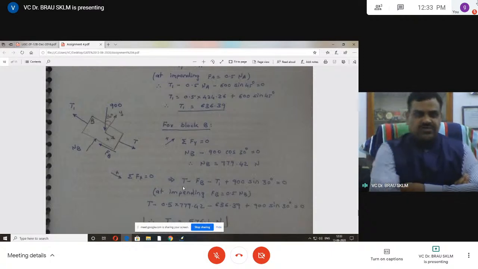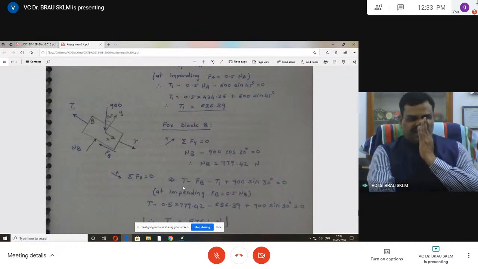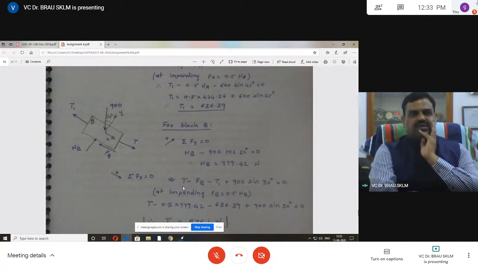These are the topics left from the GATE syllabus point of view, so we will discuss them in the next two classes. Tomorrow we will discuss internal stresses in structures, trusses and frames and other things.